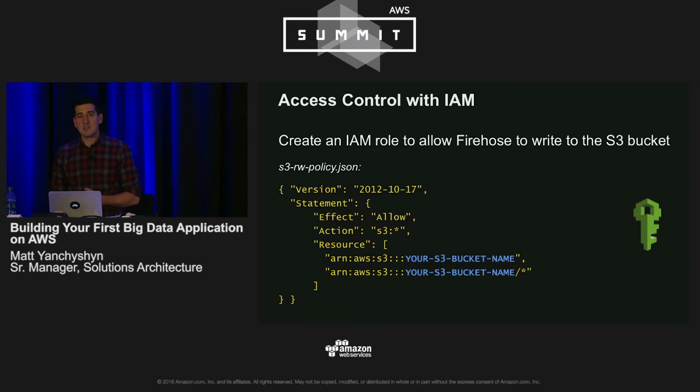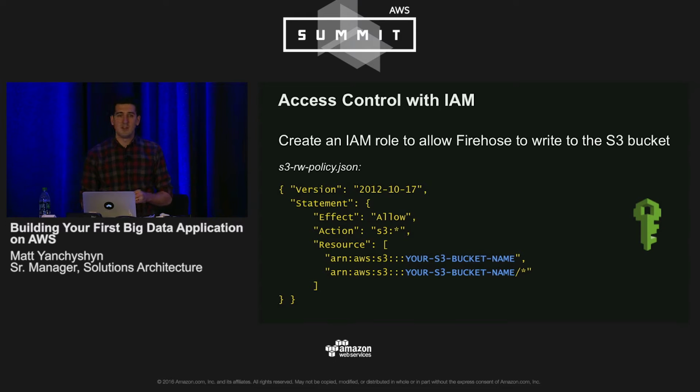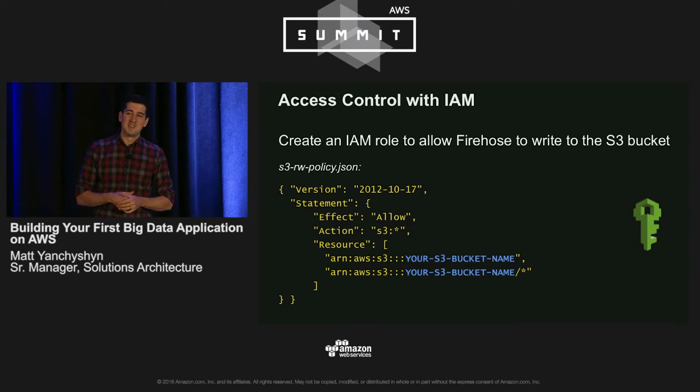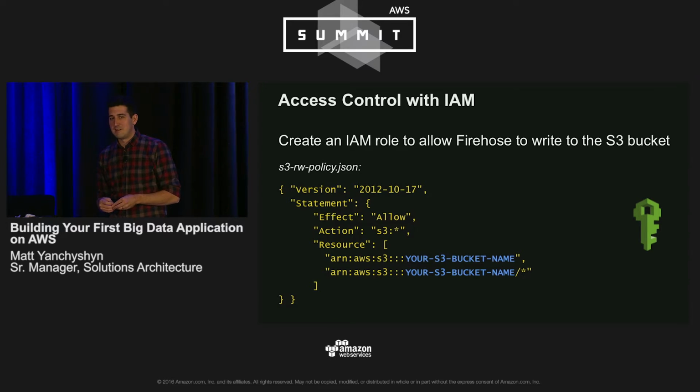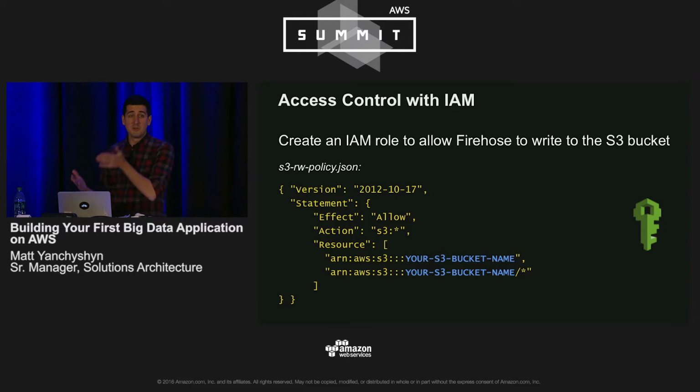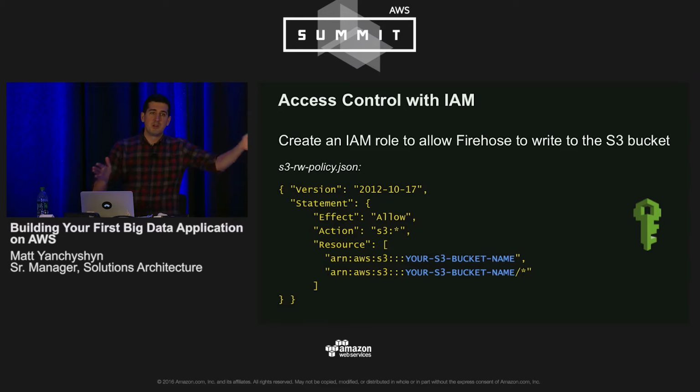But in a production application, you want to be a little more granular. You don't want your logs to end up in an S3 bucket with production data that it shouldn't touch, for example. You want to segregate your data. So this is why roles are powerful. It allows you to be very explicit about what can write to what specific buckets, or even what prefixes, what subfolders, if you will, within those buckets. So policies are a really powerful way of segregating your data and adding data security to your stream.